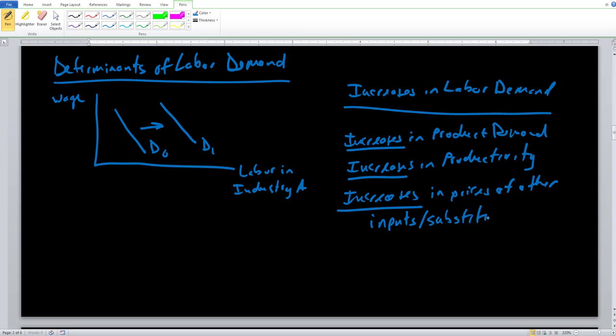The idea behind this third determinant is that there is a degree of substitutability between labor and our other factors of production, say like physical capital or even land and technology. So an example of this is, suppose that you are a manager and you are hired to dig a hole. You can either do this with your workers or you can do this with a piece of physical capital, say like a backhoe. It would be very easy for you to dig a hole with this backhoe, a very large piece of construction equipment, but it could also be fairly costly.